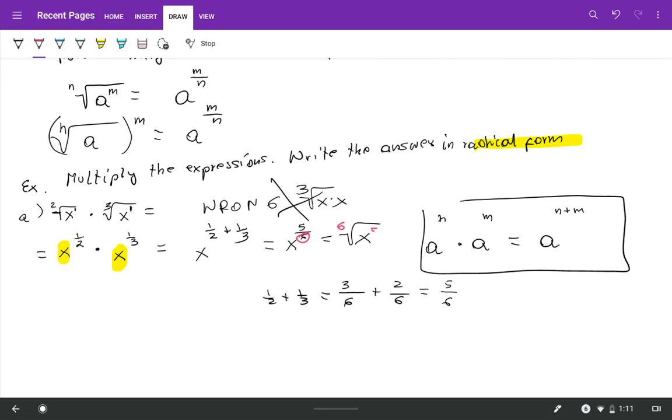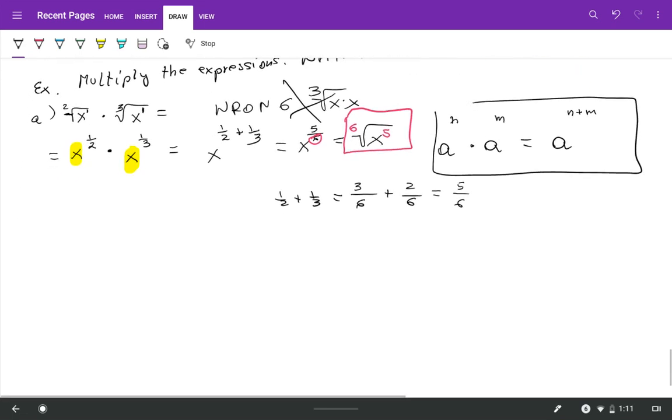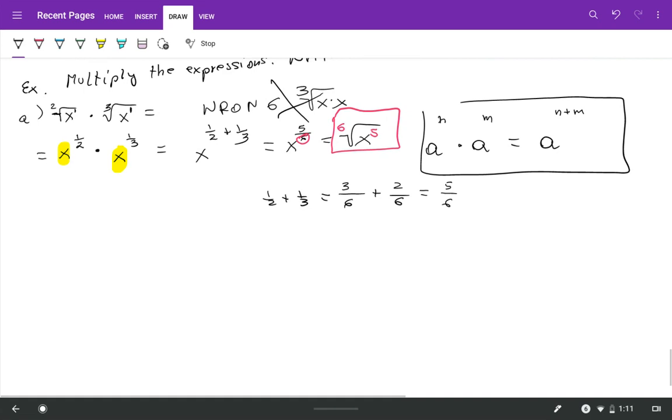So here we have x to the power of 5/6, and now since the answer has to be written in radical form, we need to change that to a radical. X goes inside, and you guys remember, the denominator is always the index, and 5, the numerator of the exponent, follows the base, follows x.